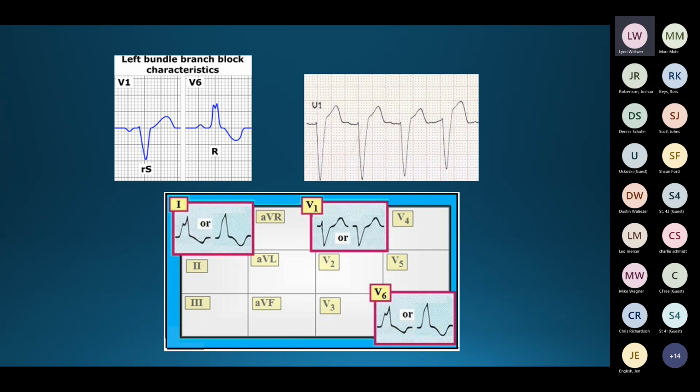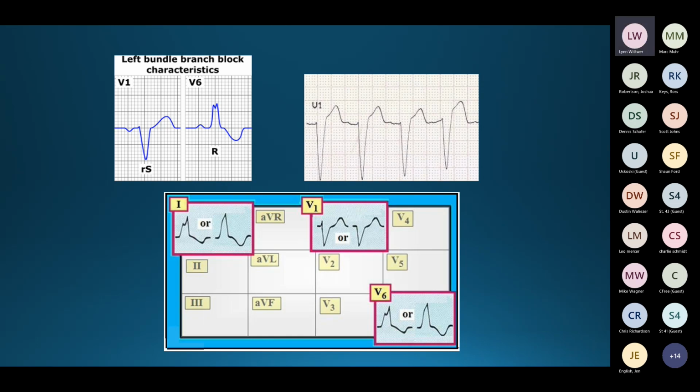V6 is nice for confirmation, but you don't have to have it. In V6 you'll see this double R wave, an R and an R prime. But in V1, tiny r, big S, tiny r, big S. You'll notice we also have ST elevation there, which we're going to get to in a bit.